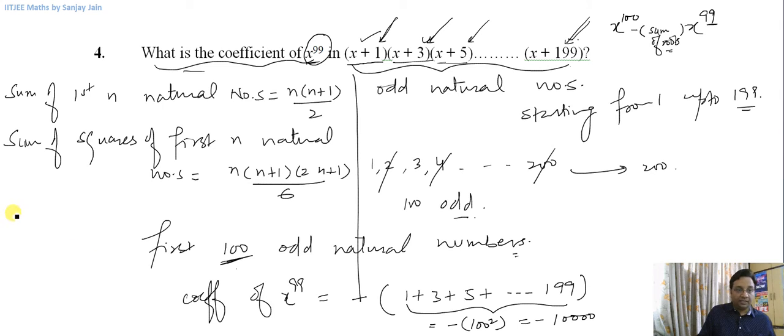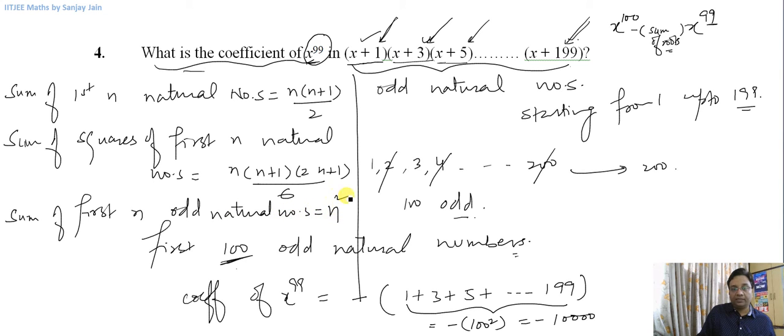And the third thing that I've used is the sum of first n odd natural numbers is equal to n squared, right? So these three pieces of information I've used from the chapter of arithmetic progression, or you can say progression and series, right? Let's look at the next one.